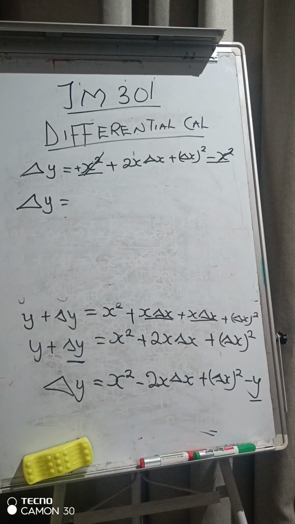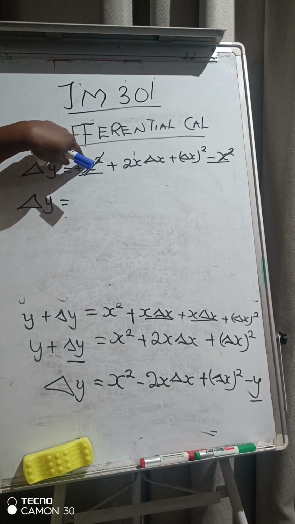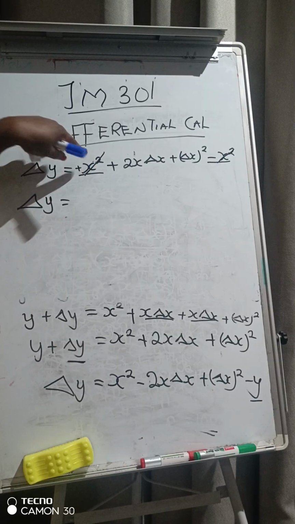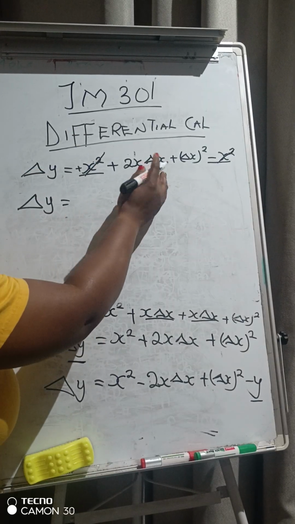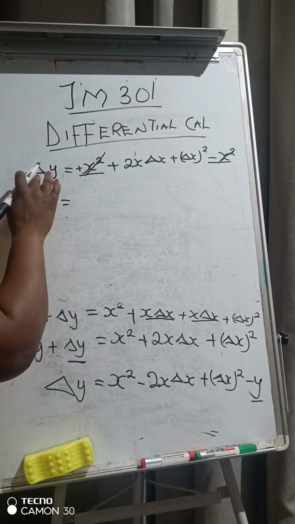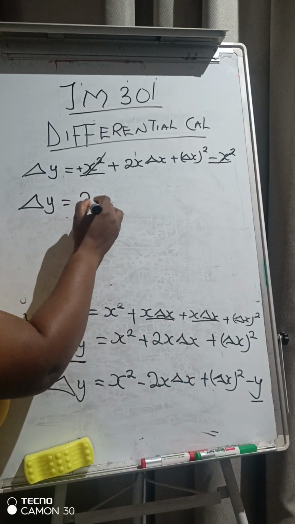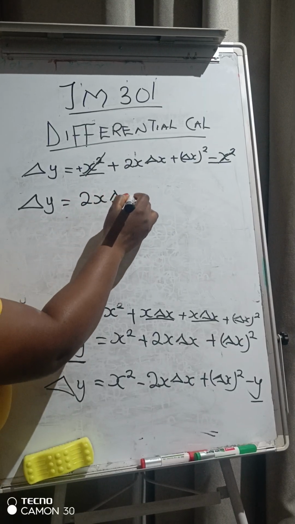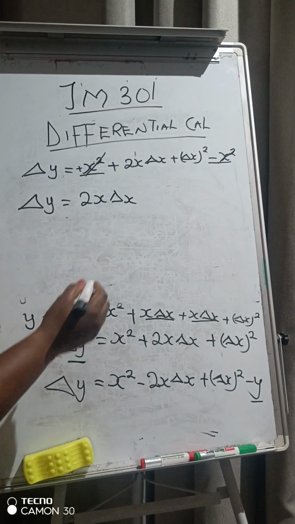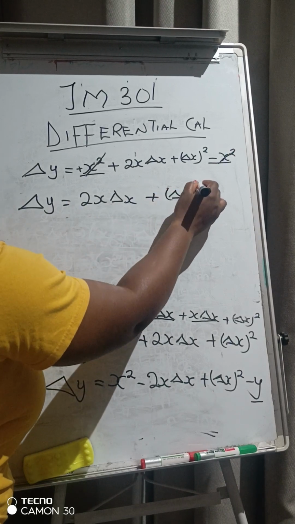And what have you noticed? The original value of x, we are not interested in the original value of x. We are only interested in that influence of change in x on change in y. So you will discover that every term that is left is capturing the change that occurred in x. And this is going to be change in x all squared.